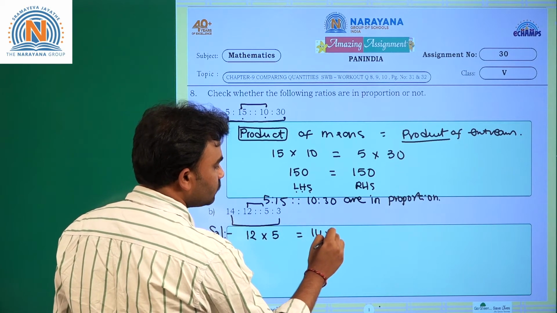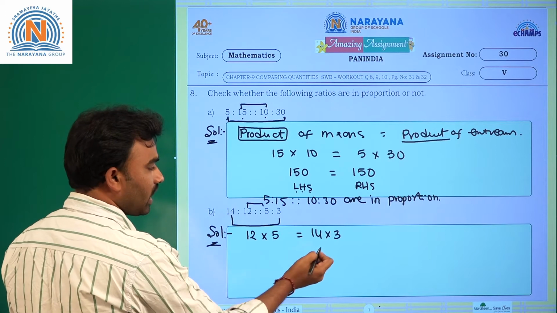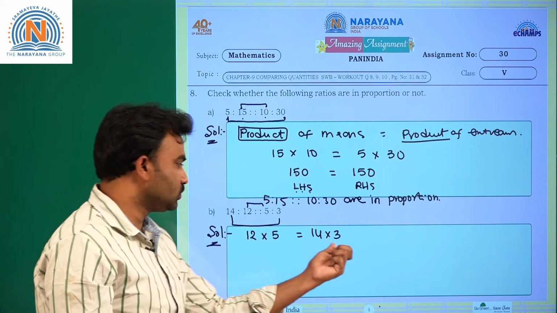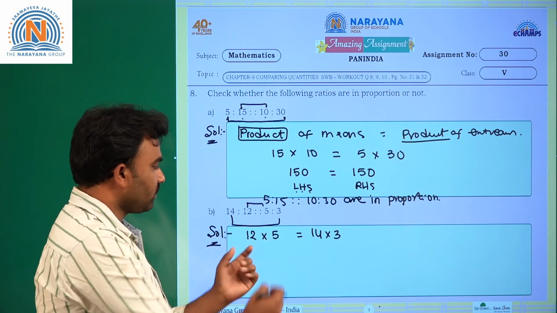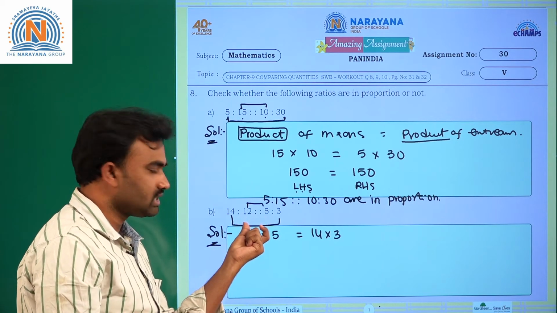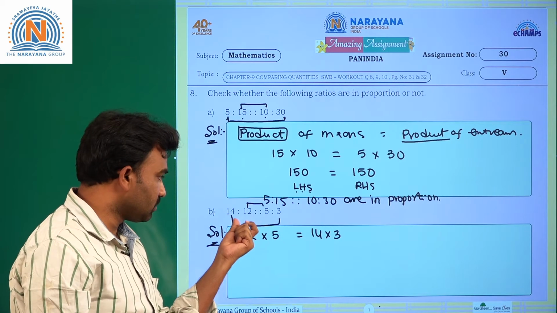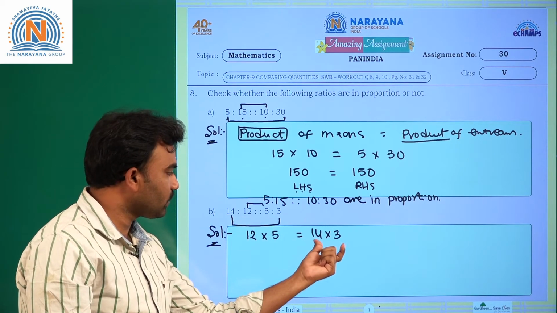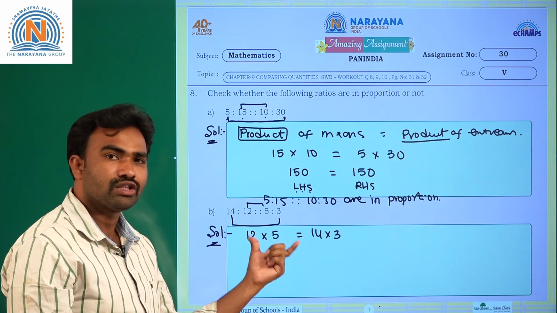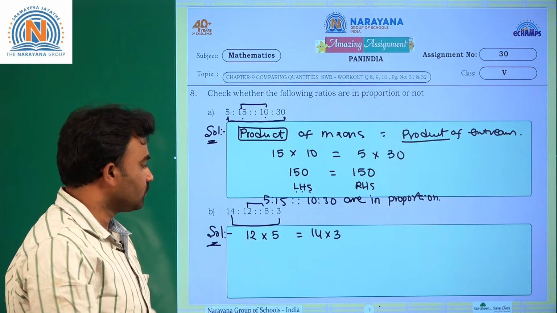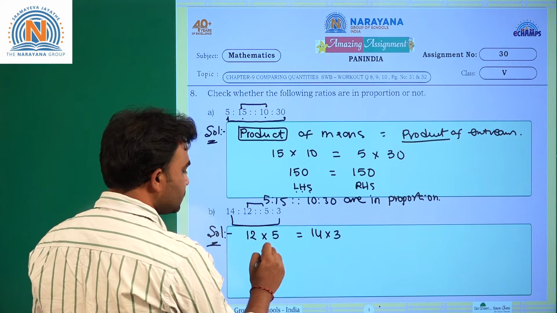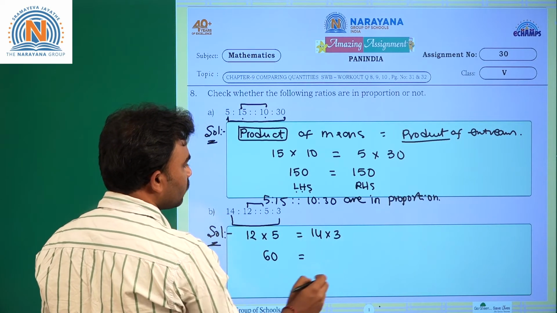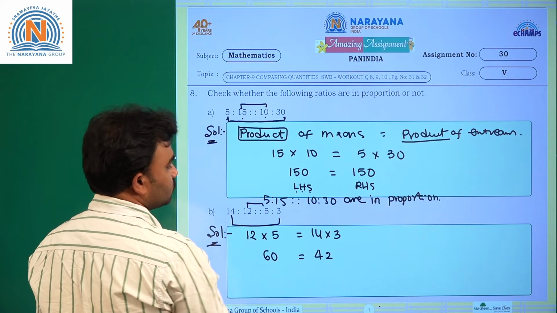Why did I get 12 into 5 and 14 into 3? 12 into 5 is nothing but the product of means, and 14 and 3 are the extremes, right? So 12 fives are 60, and 14 threes are 42.